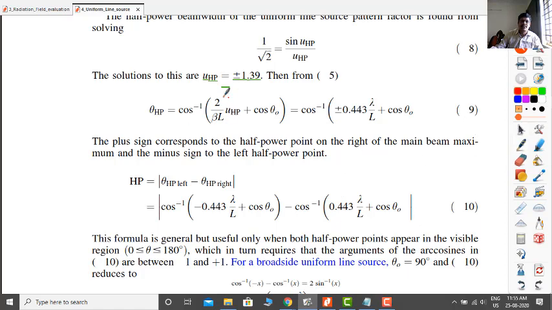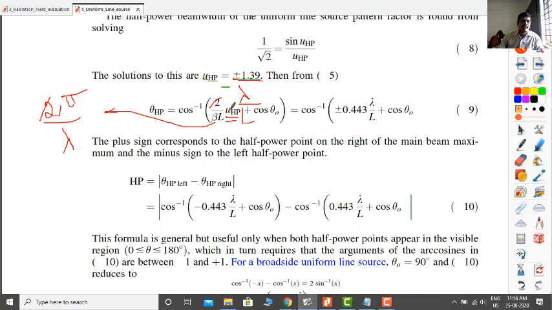We know that beta is 2 pi by lambda. You can cancel this 2 and the denominator 2, and bring the lambda to the top, so it yields lambda by L. Now apply the value for mu HP, which is 1.39.